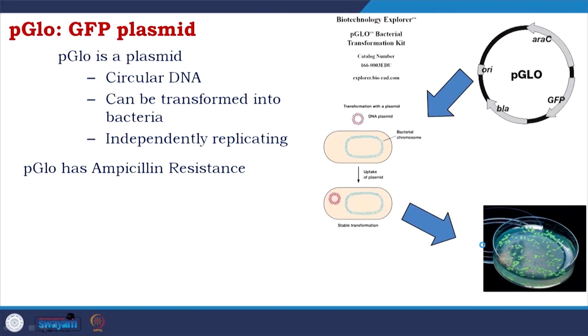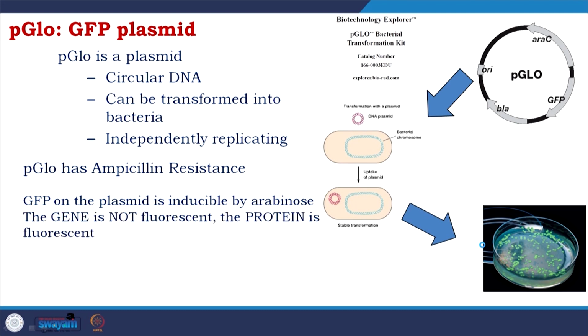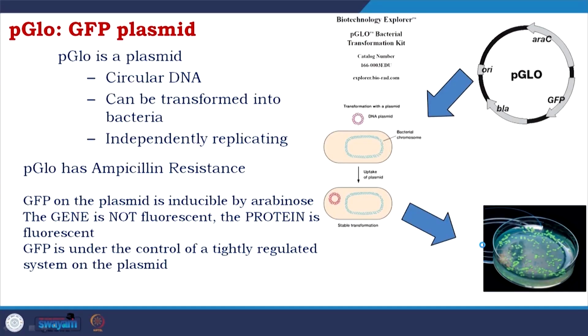It is ampicillin resistant, so you could mark it. Here the GFP on the plasmid is inducible by arabinose, which means that the gene is not fluorescent, the protein is fluorescent. You could produce the protein by regulating arabinose. So, the GFP is under the control of a tightly regulated system on the plasmid, and the GFP will only be turned on when arabinose is present.